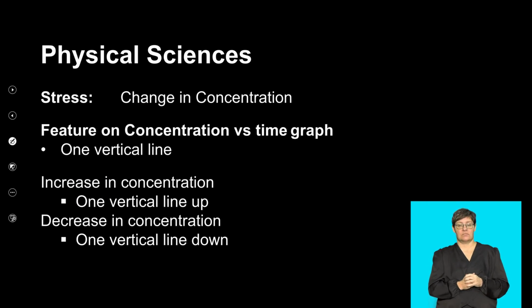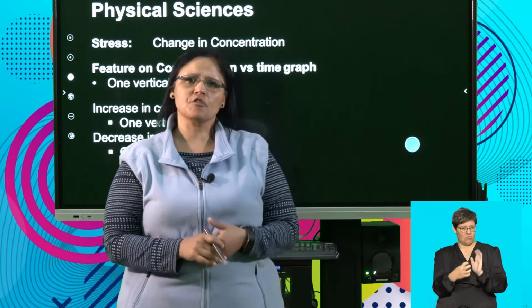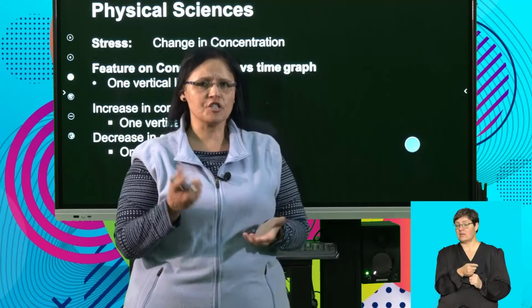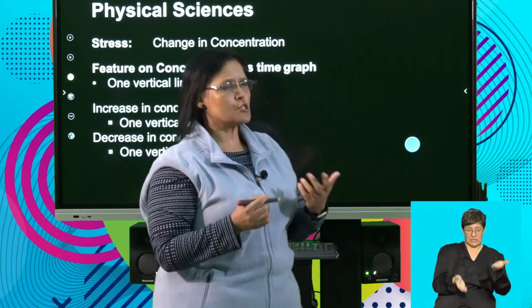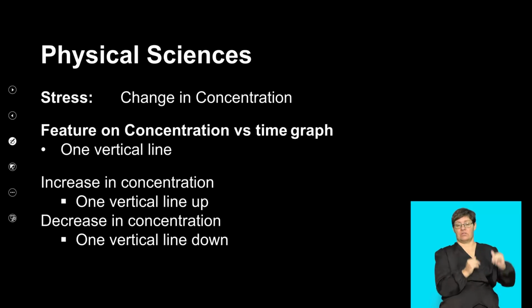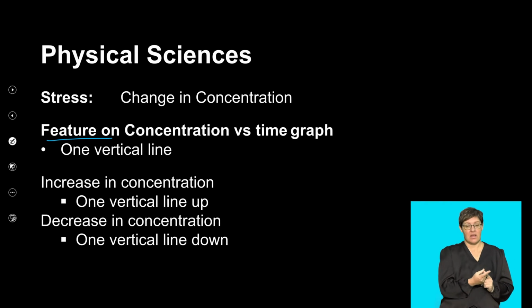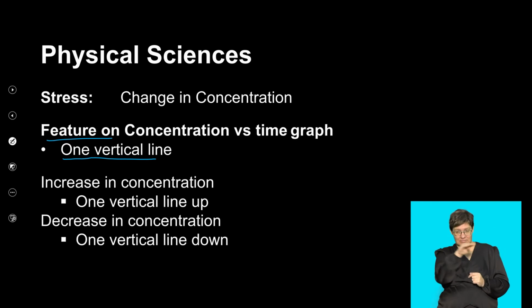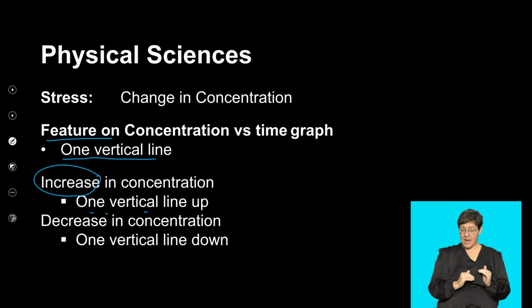Now, we're going to just quickly summarize what just happened on the concentration graph when one of the concentrations is increased or decreased. Specifically, we looked at an increase in concentration. When we have an increase in concentration, the feature on your concentration time graphs is there's one vertical line. And because it was an increase, that one vertical line for hydrogen gas went up because it showed increase.